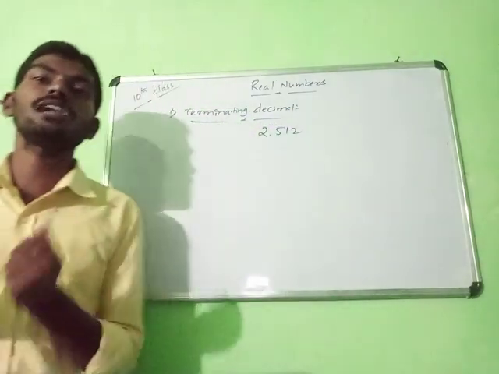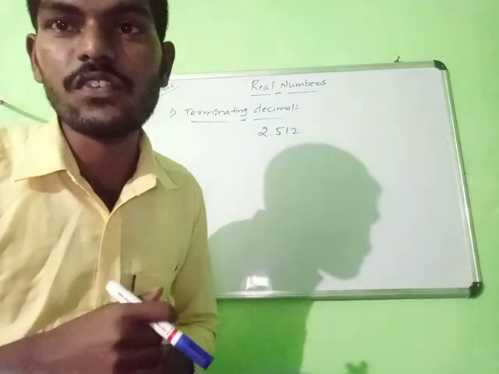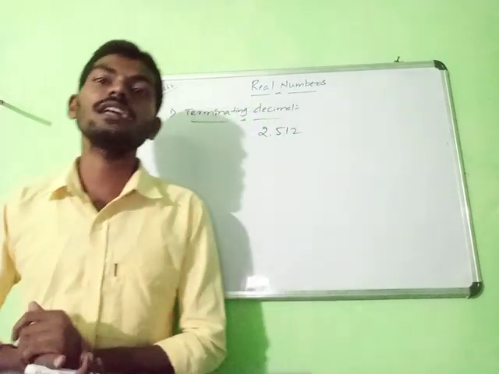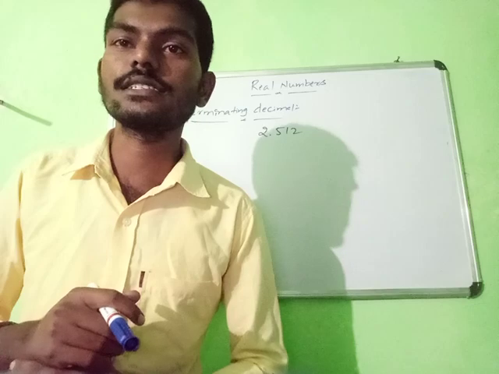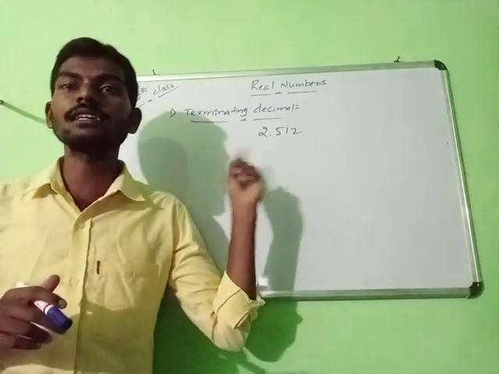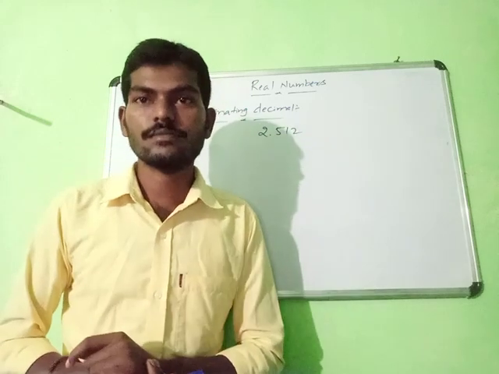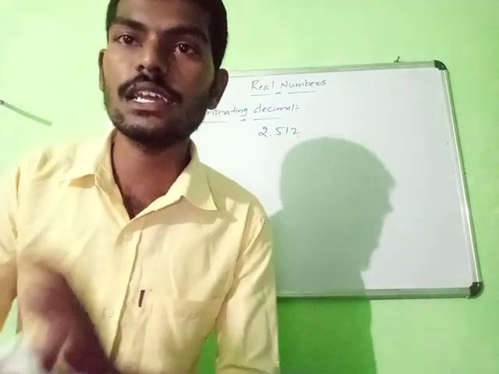In the given decimal number, after the decimal point, only a finite number of digits is there. That is called a terminating decimal number. Finite means what? Only some.